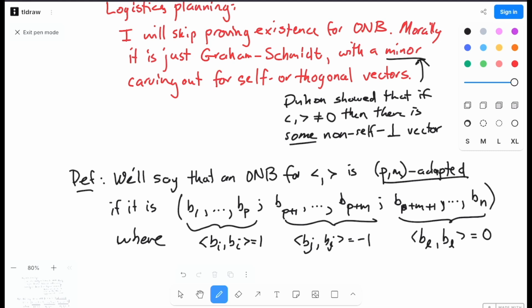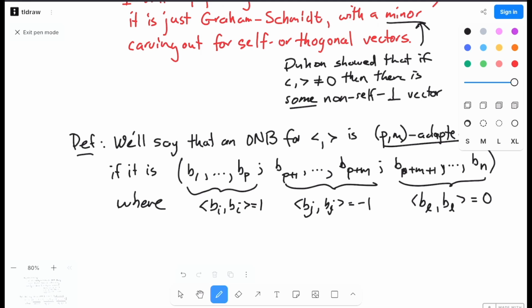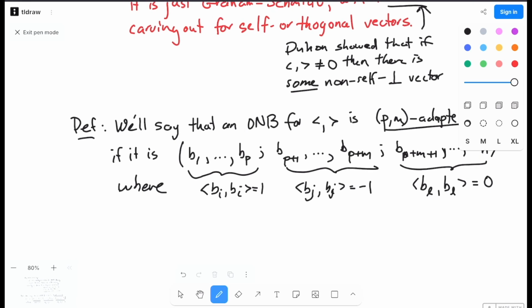Okay, so the uniqueness theorem that I wrote down earlier actually says this. Sylvester's law.